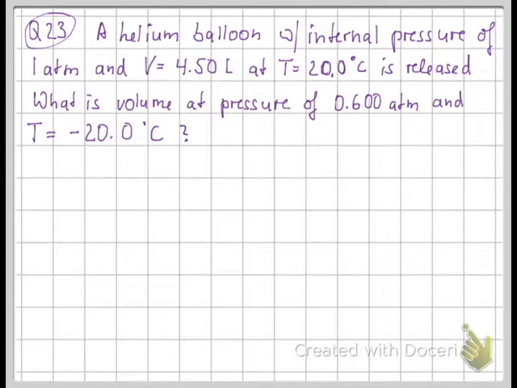This also is a situation where you are comparing a before and after condition, and you're dealing with 3 variables: the volume, the pressure, and the temperature. For that, your best gas law to look at is the combined gas law, P1, or initial, times V1 over T1 equals P2 times V2 over T2, or you can also say final.